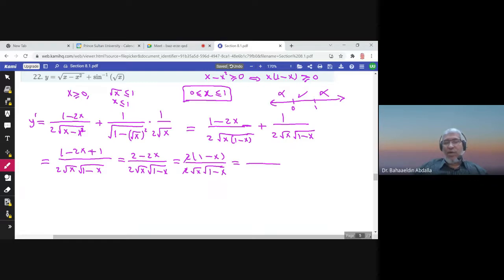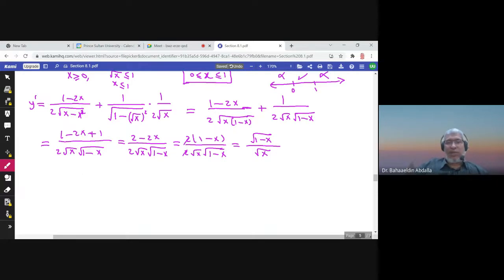So when I subtract the powers, I'll have 1 minus x to the power half in the numerator. So this is y prime after simplifying.